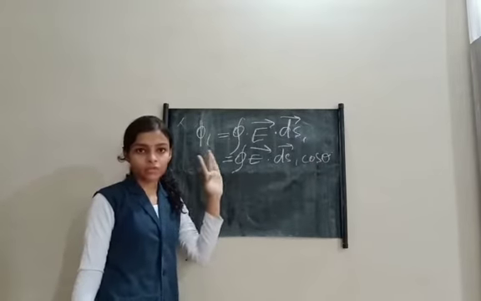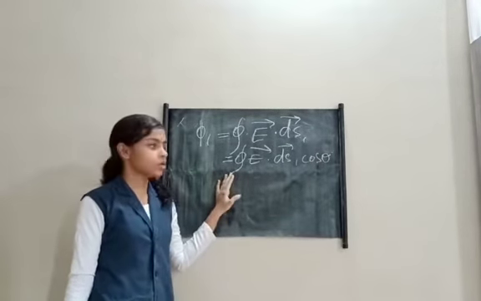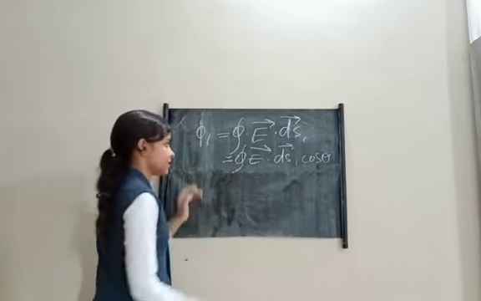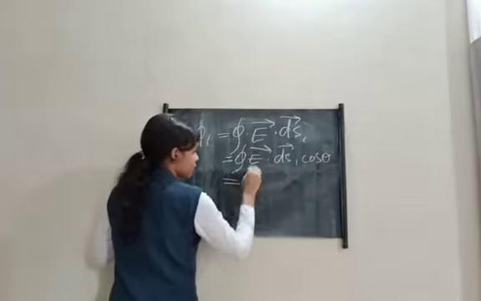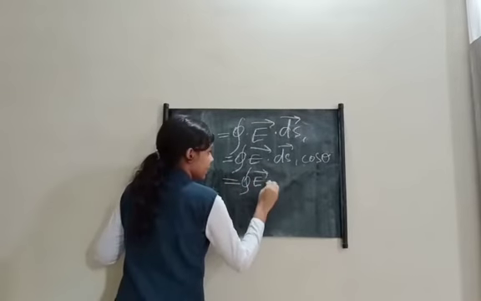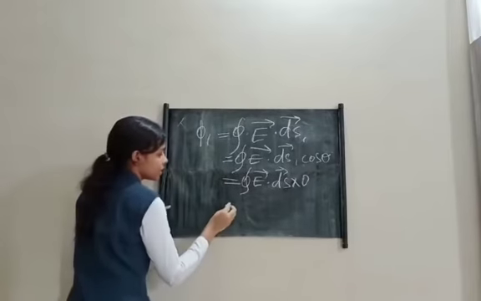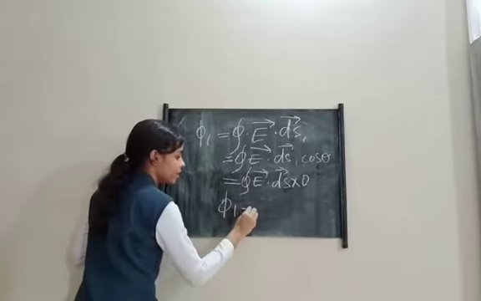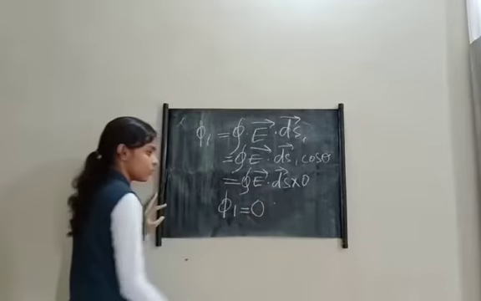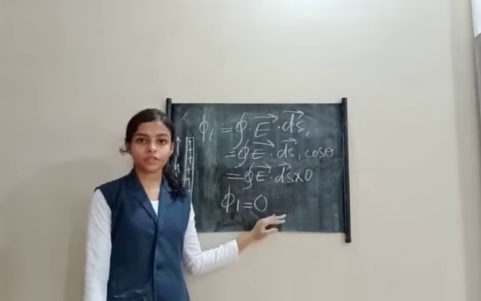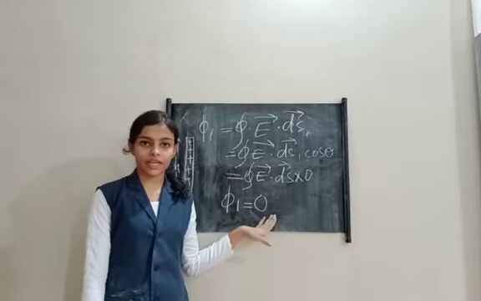We know that the value of cos 90 is 0, so the equation automatically becomes 0. That is equal to closed integral E ds into 0. So phi1 becomes 0. This means that no field lines are passing through the infinite long straight conductor.